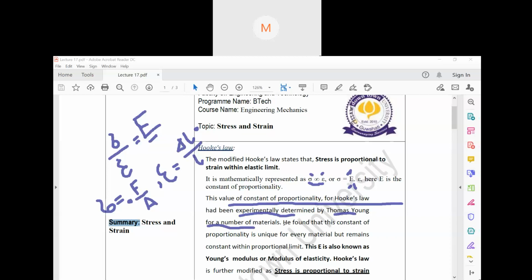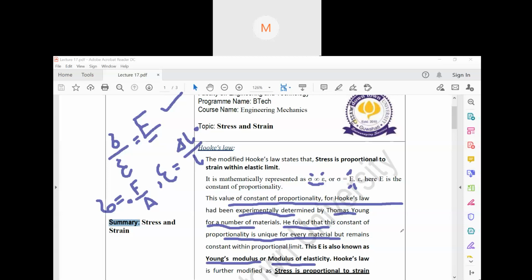Now he found that the constant of proportionality is unique for every material. For different materials, this constant is unique. Therefore, this is known as Young's modulus, or you can also say modulus of elasticity.